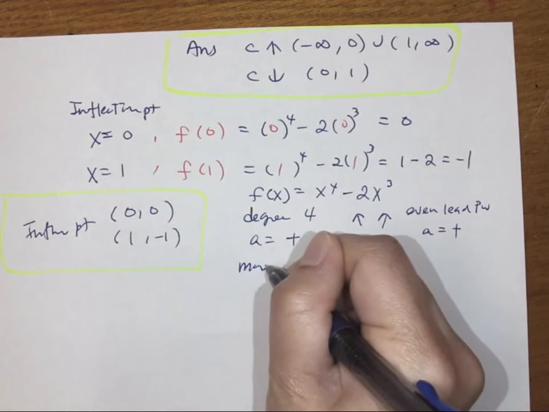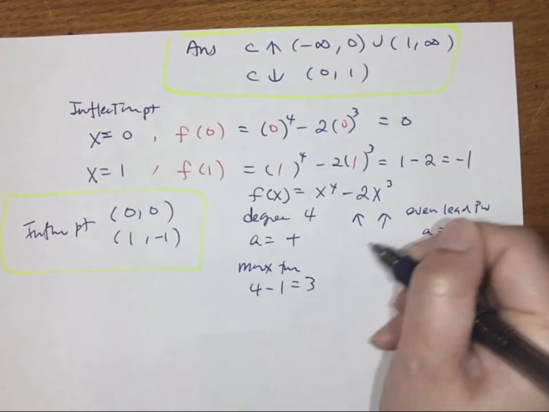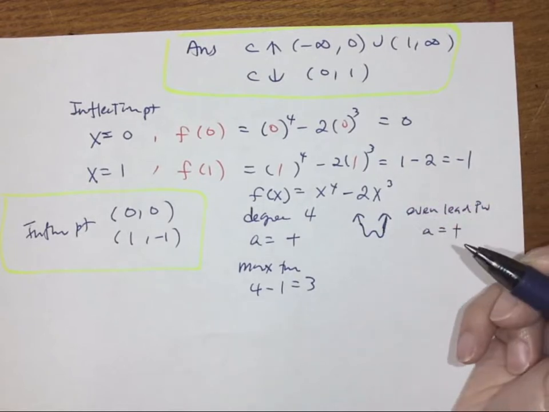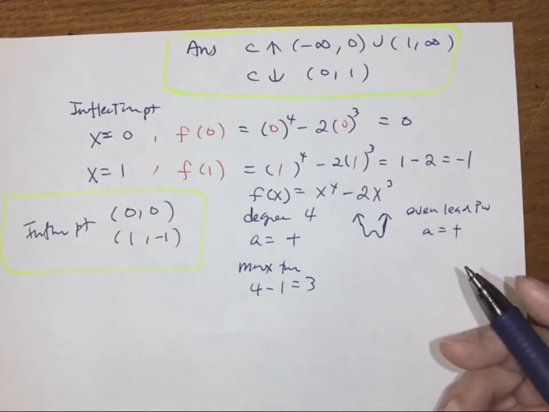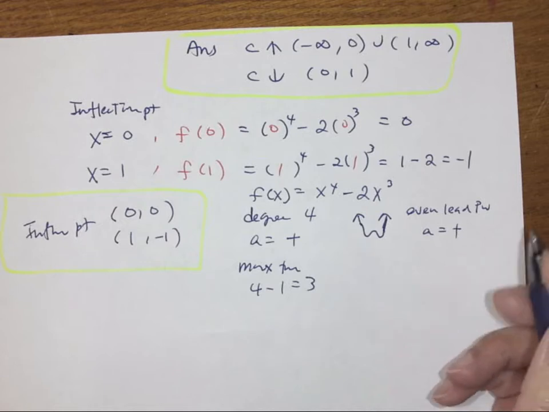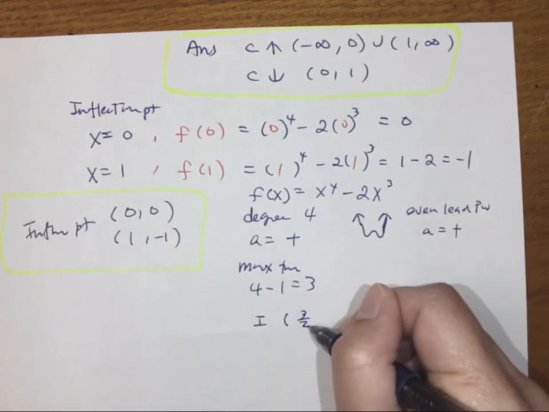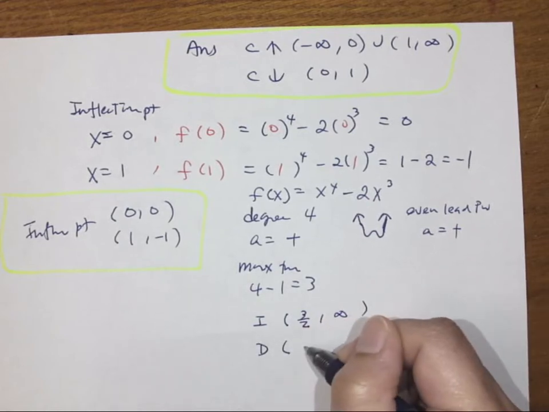The maximum turns is 4 minus 1 equal to 3, so something like that, maybe. That's the maximum, but they can have less than that. And then we know that increasing is 3/2 to infinity.